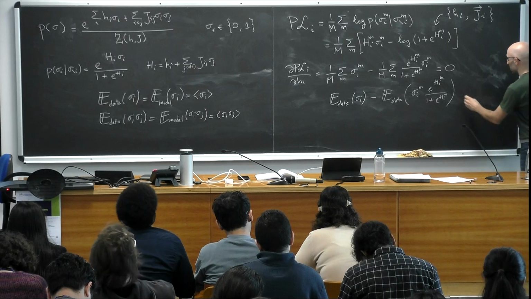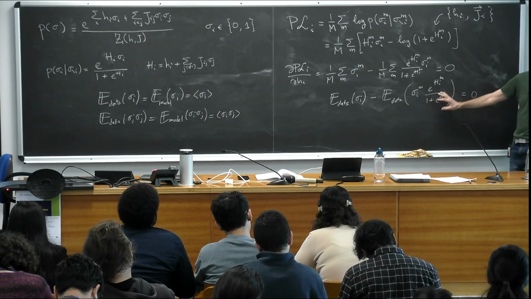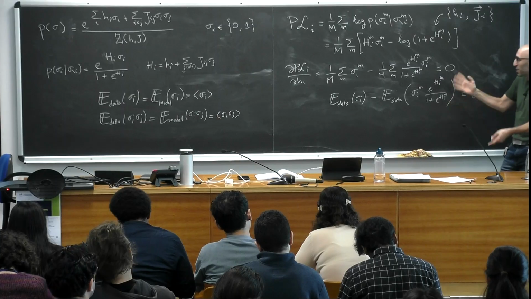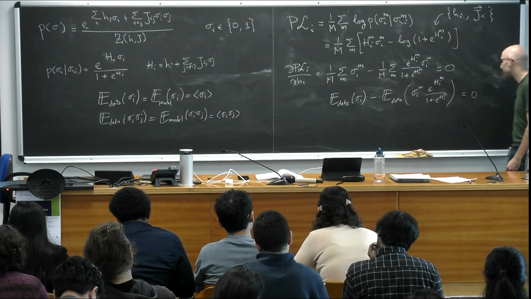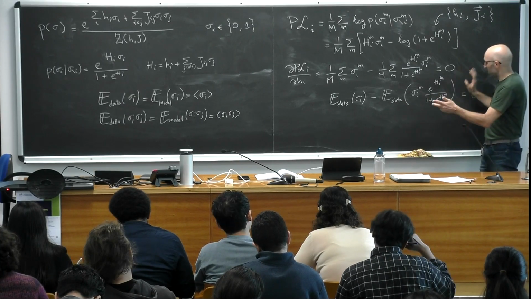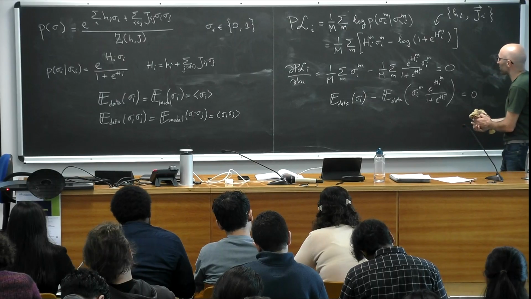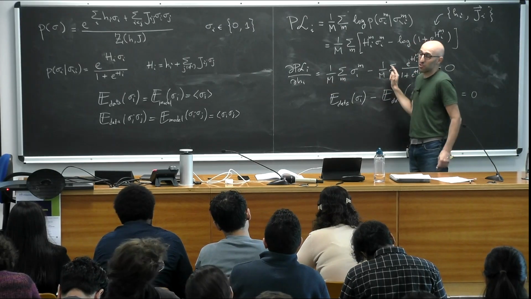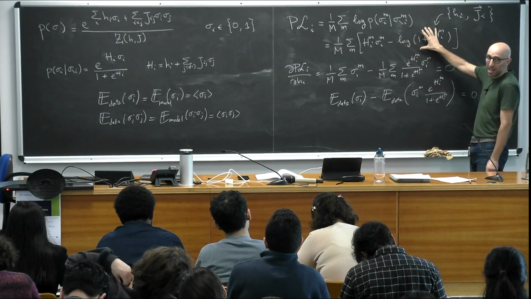Okay? So this is the same as the Callen identity I discussed yesterday, but with the average over the model replaced by the average over the data. Anyways, this is not very important. What is important is that you can compute this gradient from the data. So you can do gradient ascent on the likelihood.